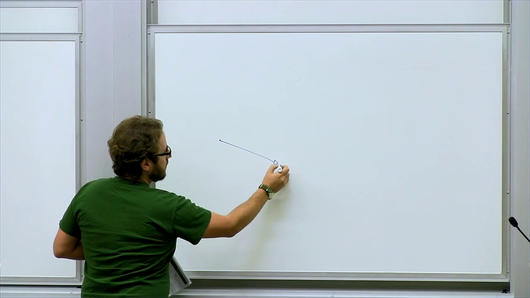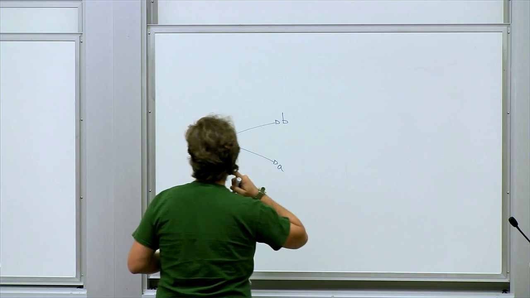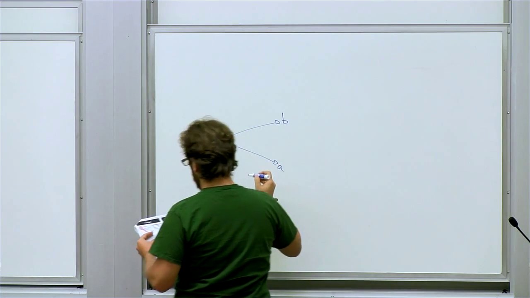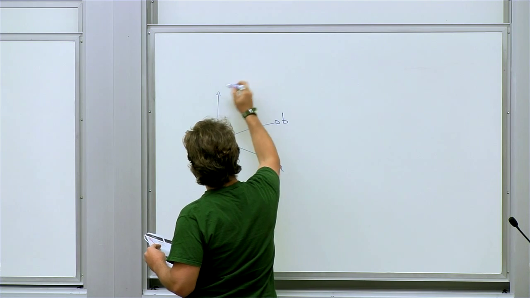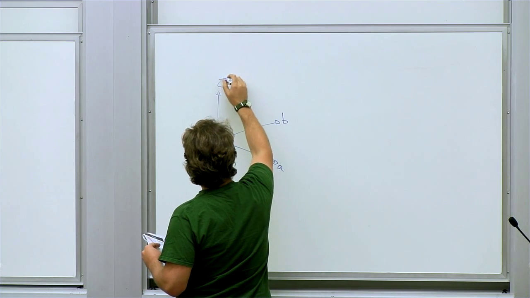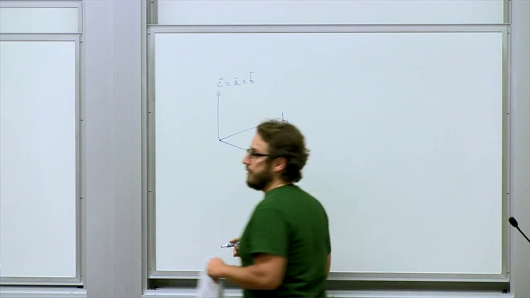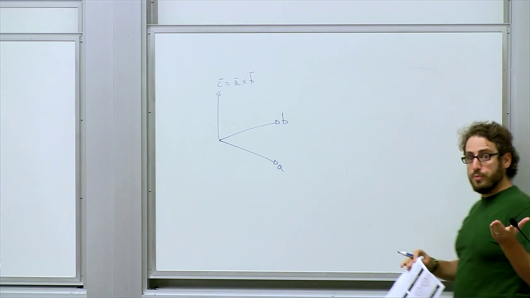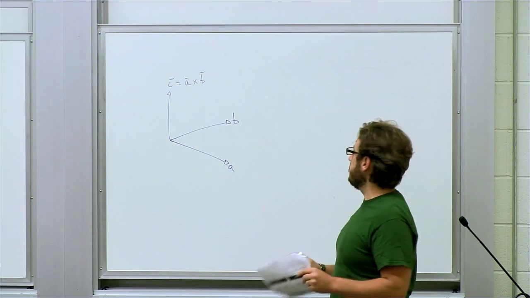But in general, we're stepping now into a mathematical universe outside of physics. If you have a vector A and a vector B, and you want to calculate their cross product, then the cross product is perpendicular to both. This is C, is A cross B. All right? Sometimes people call this the outer product, to contrast it with the dot product, which we sometimes call the inner product.